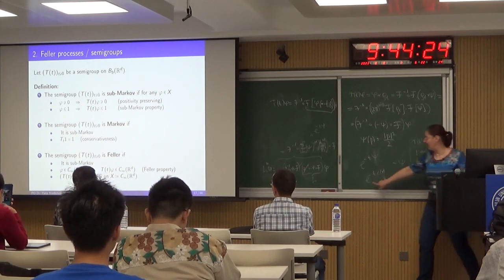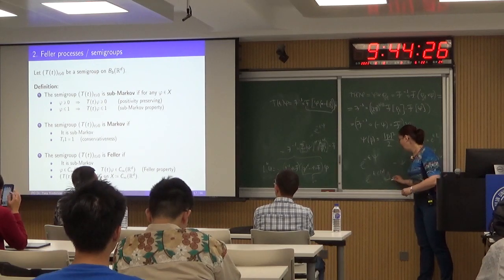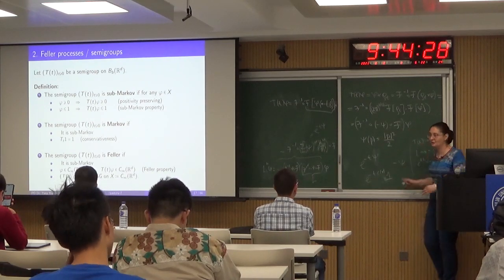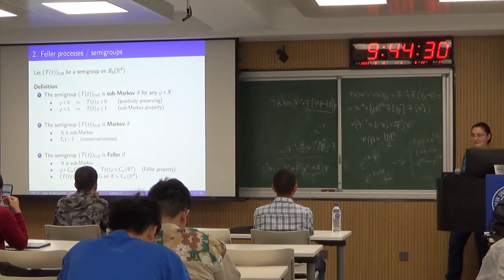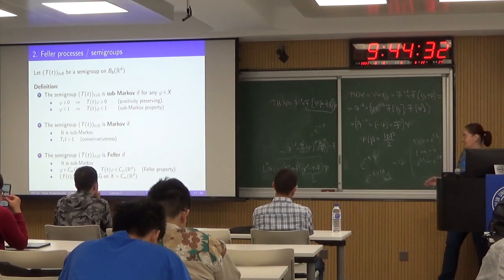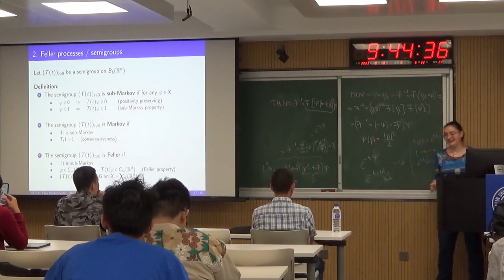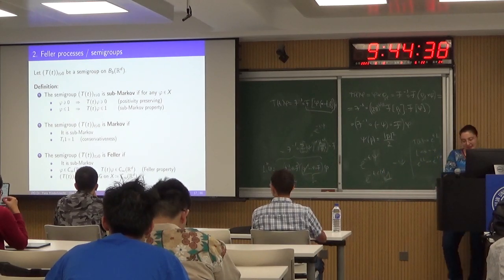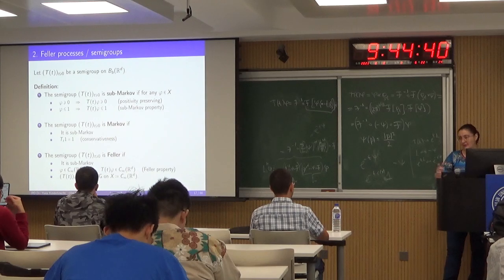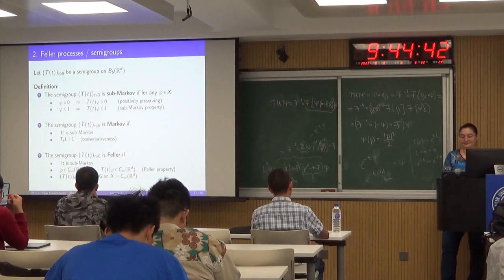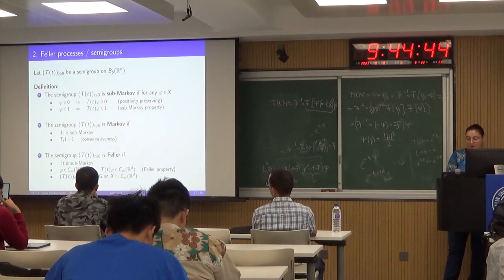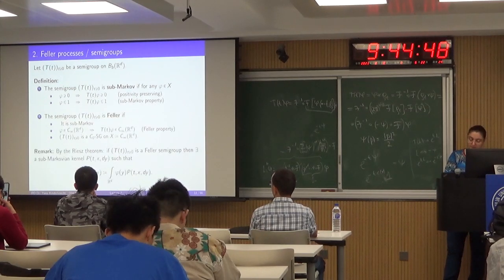So if I apply this semigroup to 1, I obtain something which is not 1 anymore. This is the main source of non-Markovity, but sub-Markovity. Okay, so this is the definition of the Feller semigroup.